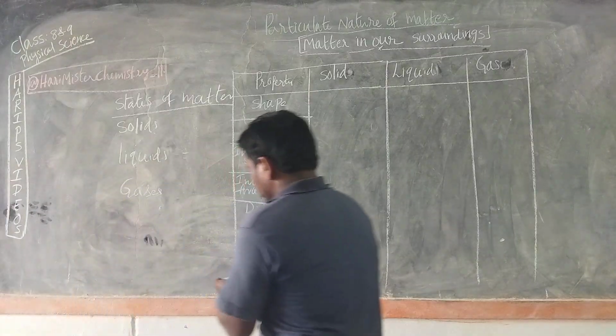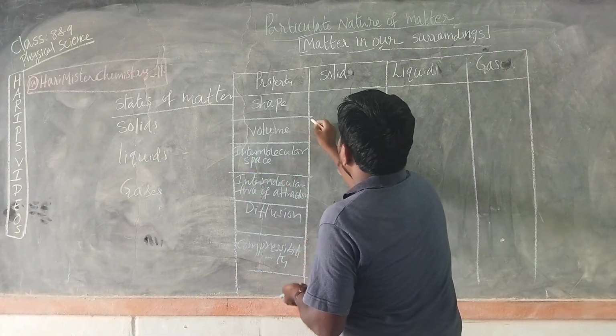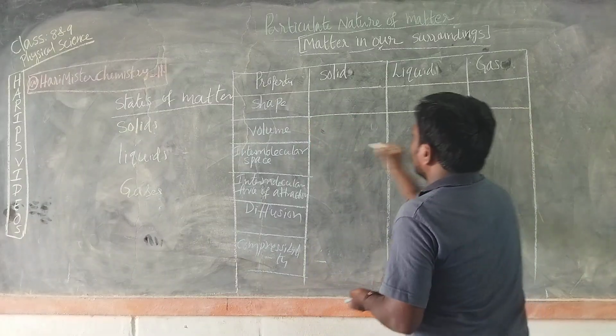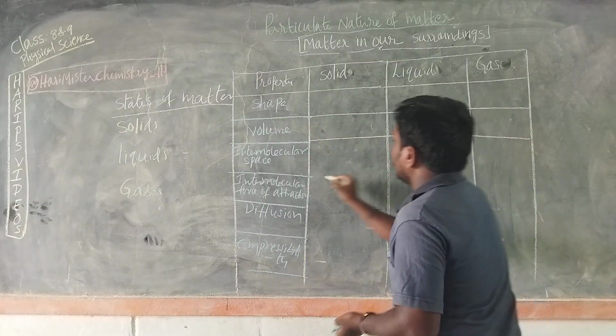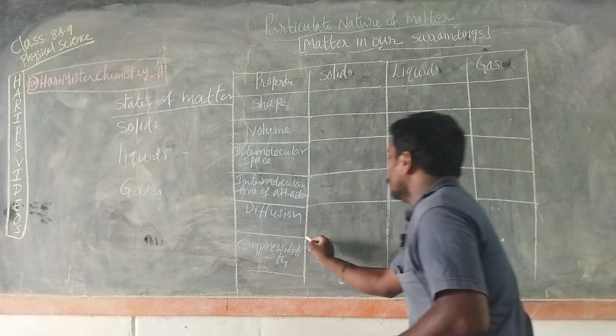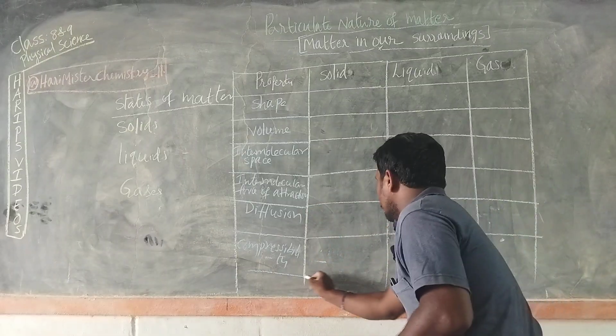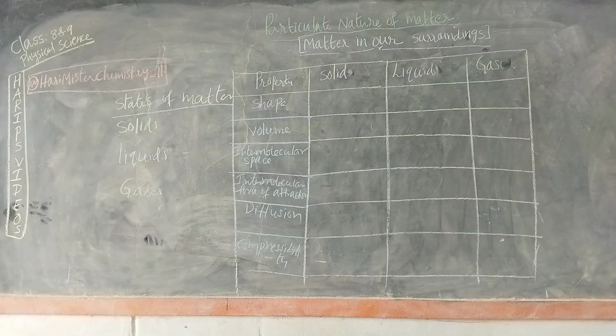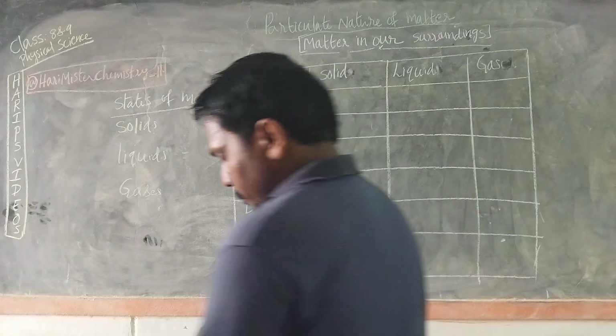So these are the main properties. We'll explain one by one. If you know this tabular form, it is very easy to understand the properties of solids, liquids and gases. Maybe it is not visible.